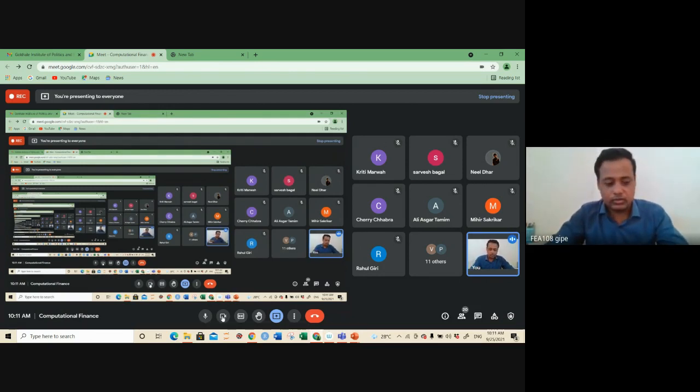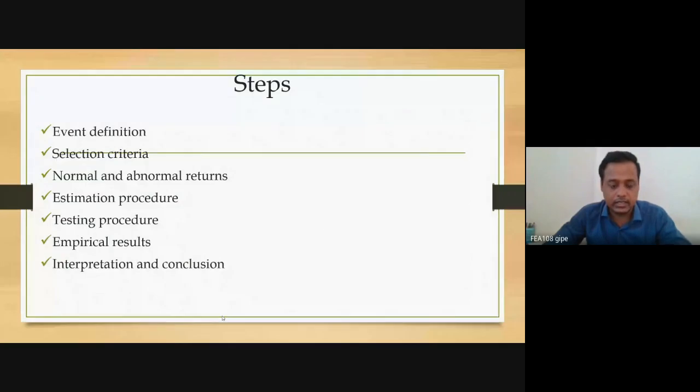Even for lockdown, you will find so many papers. Whenever an event happens, researchers do an event study and come out with how many days it is impacting.